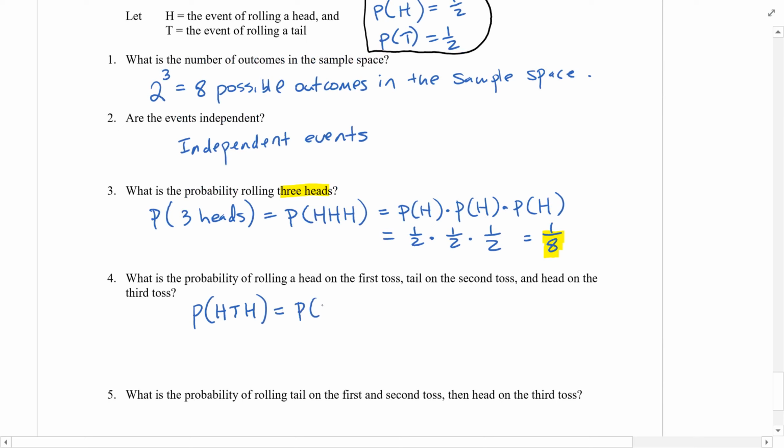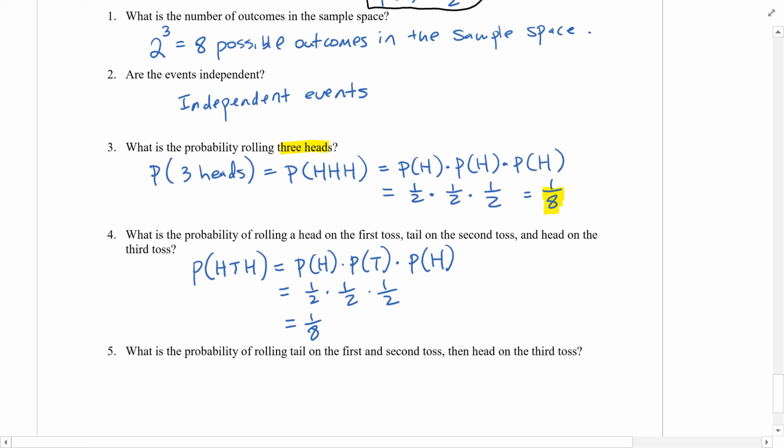So that is equal to the probability of getting a head on the first toss times the probability of getting a tail on the second toss times the probability of getting a head on the third toss. Since the events are independent, each probability is 1/2 here. That's why the multiplication rule tells me I can multiply them. That's also 1/8.